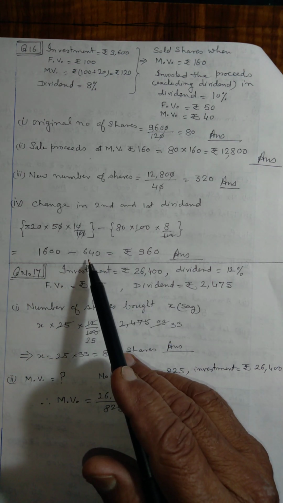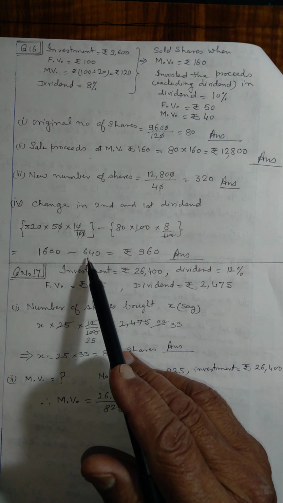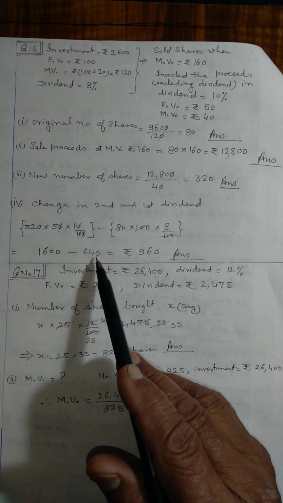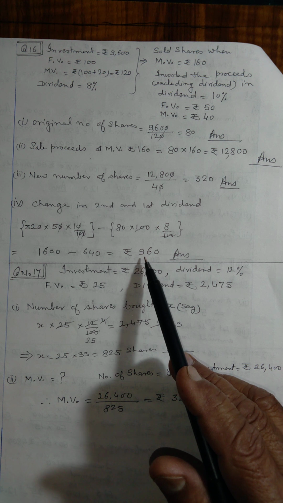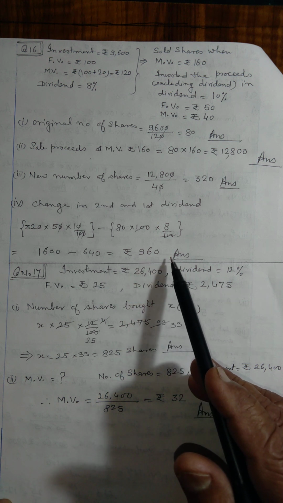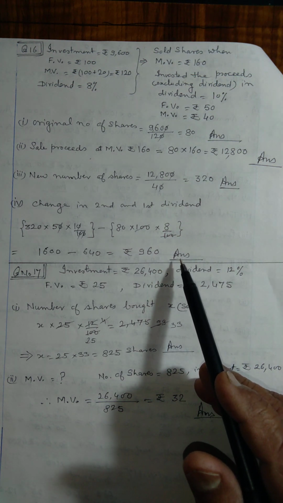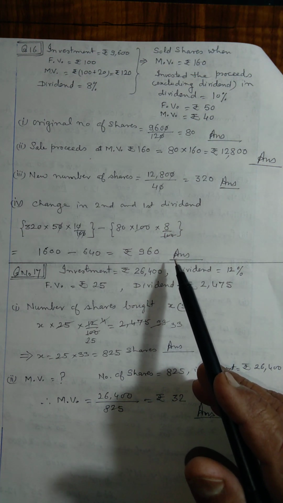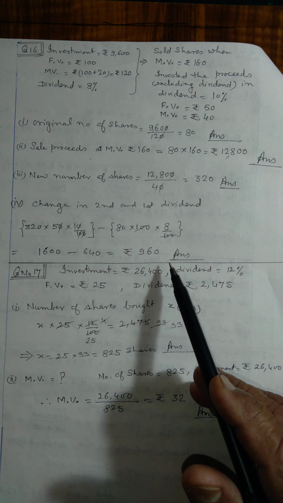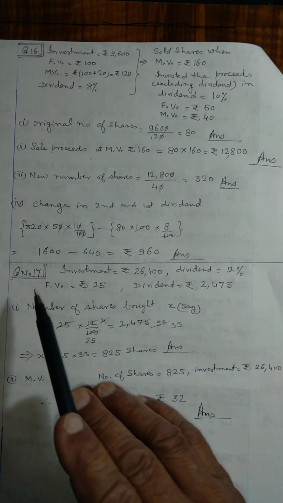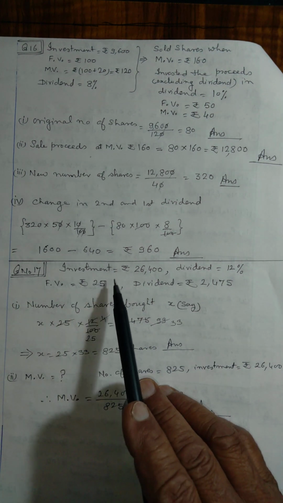In the second bracket you will get the answer 640. Now subtract it, it will be equal to rupees 960. This will be the change in dividend, and this will be the answer of fourth part of the question number 16.